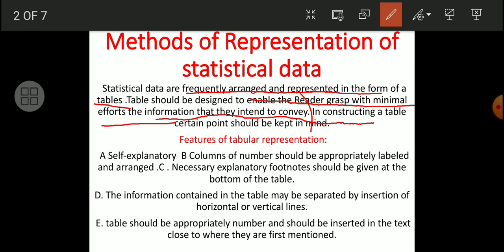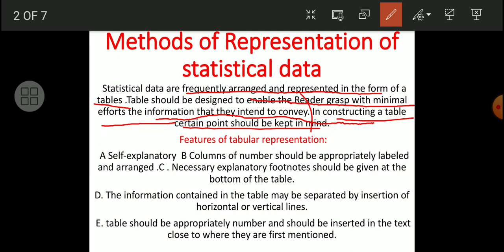In constructing a table, certain points we have to always remember. In the sense, students, some features of tabular representation are there, or rules we have to follow at the time of writing data into the table or converting raw data into a tabular form.